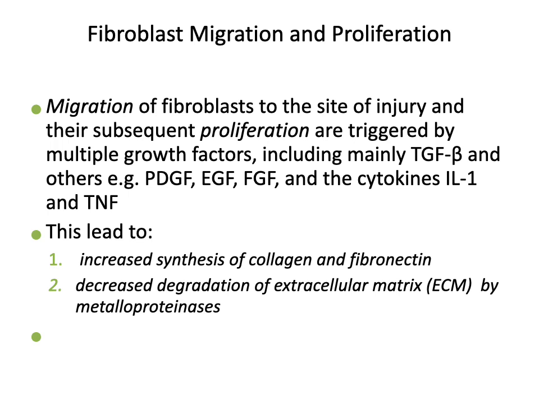The migration of fibroblasts to the site of injury and the subsequent proliferation are triggered by multiple growth factors, but the one key cytokine to remember here is TGF beta. Okay, so TGF beta stimulates fibroblasts to synthesize collagen and fibronectin and decrease degradation of the matrix by metalloproteinases.